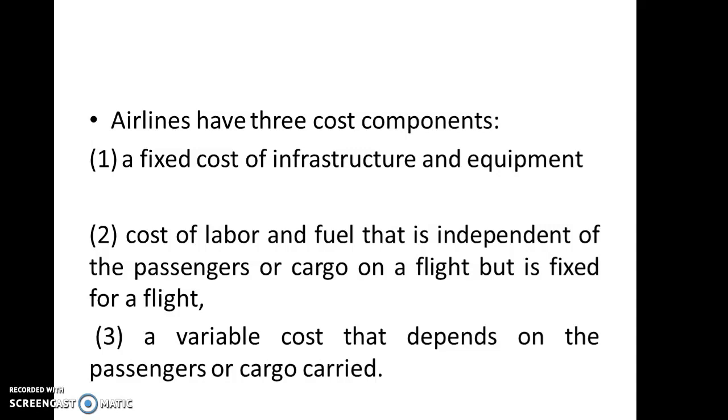And of course, we need to have airports and other facilities also, that is fixed cost. But airports are maintained by the government and the airlines pay the rent for that. So all these things come under fixed cost.